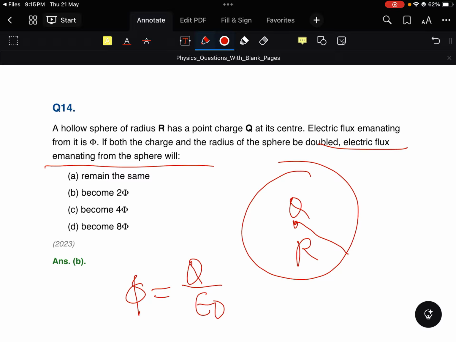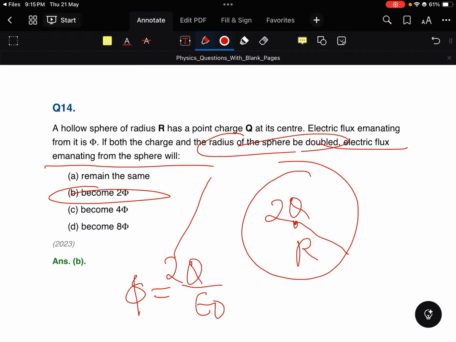Already I have told there will be no effect on the electric flux because of the radius of the sphere doubled. When the charge is doubled, the electric flux will be 2q upon epsilon naught, means twice of the earlier. It is clear.